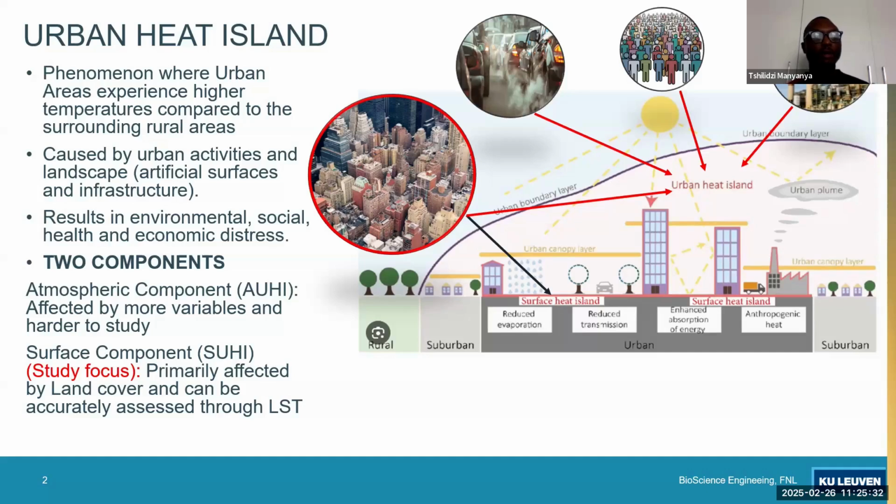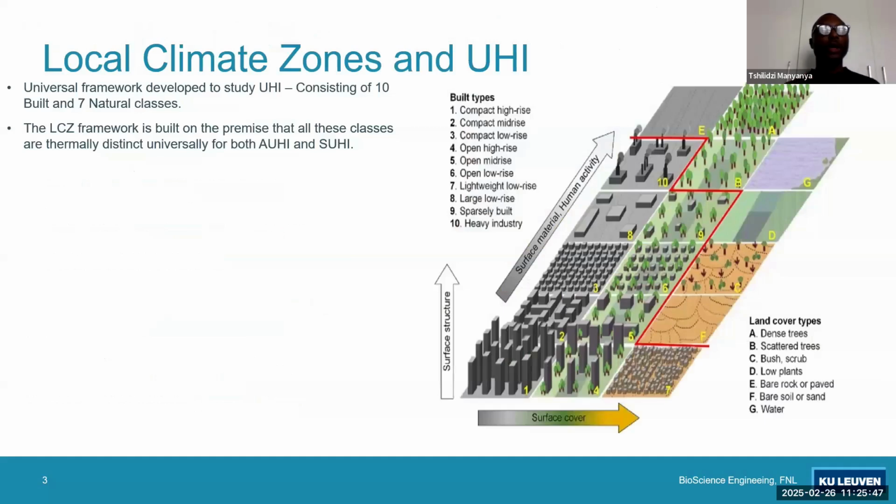This is much easier to study in that we can employ remote sensing to study it through land surface temperatures. So the main framework that we are going to consider for this chapter is called the local climate zones.